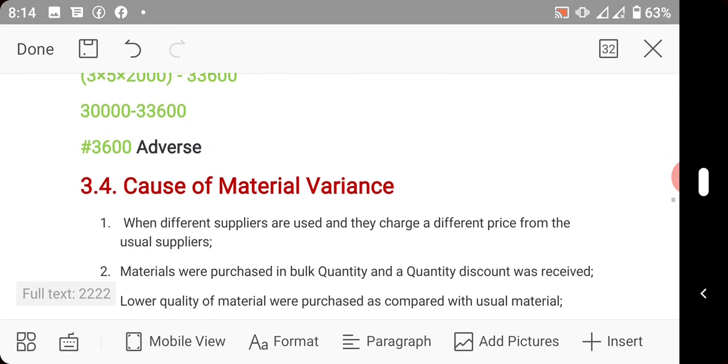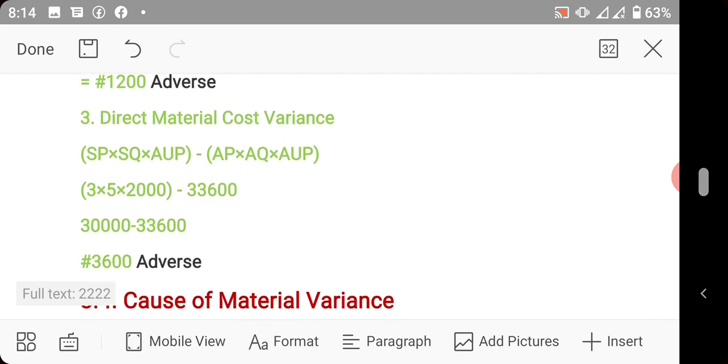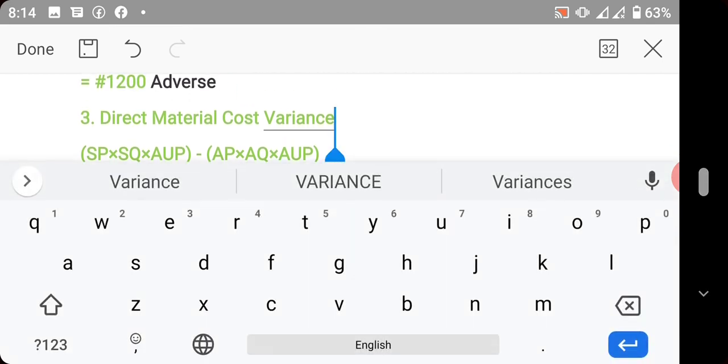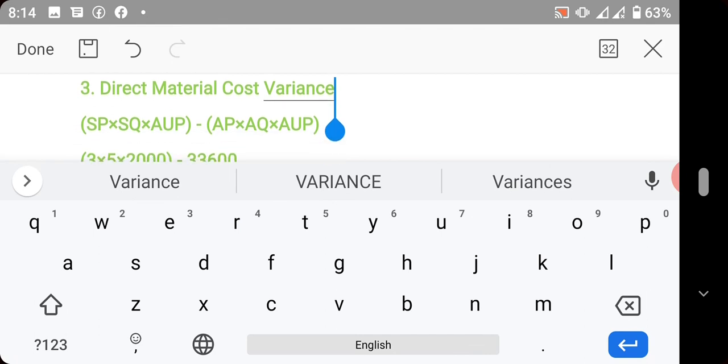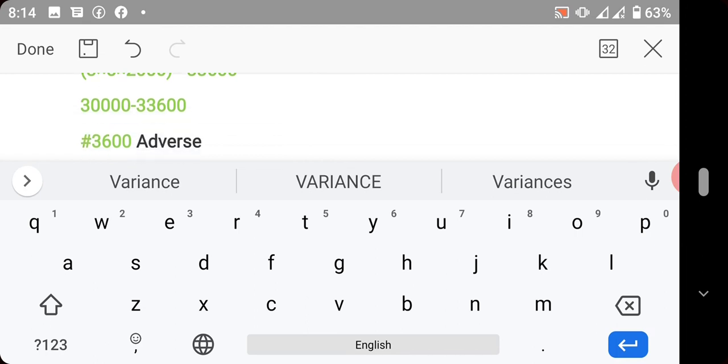So you now come and find your direct material cost variance. Using the formula, you substitute. 3 naira is the standard price of material, 5 is the standard quantity of material, then actual quantity produced is 2,000. So that will give you 30,000.